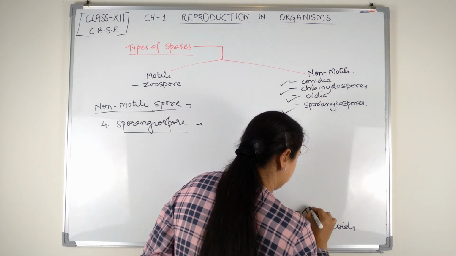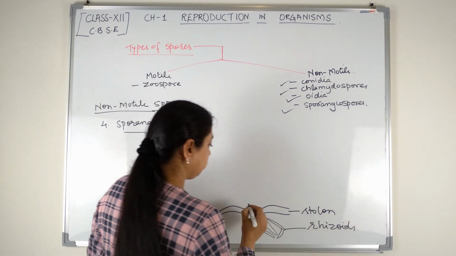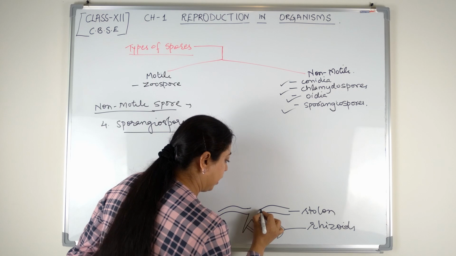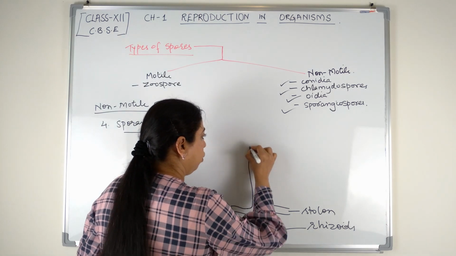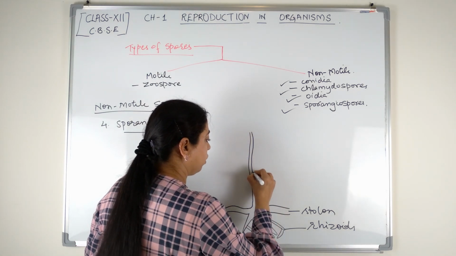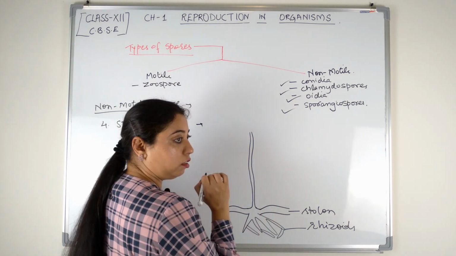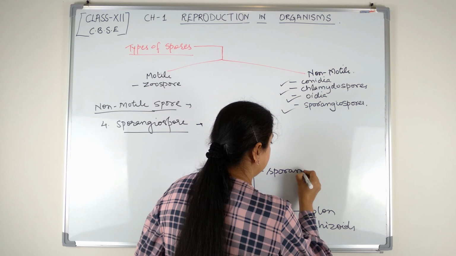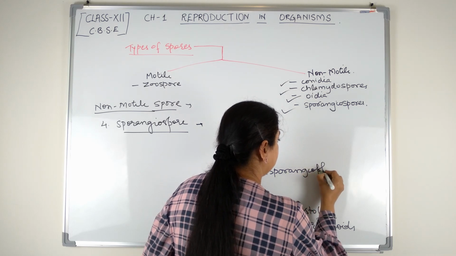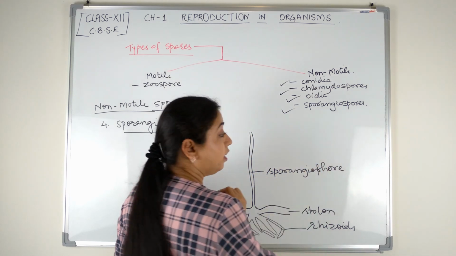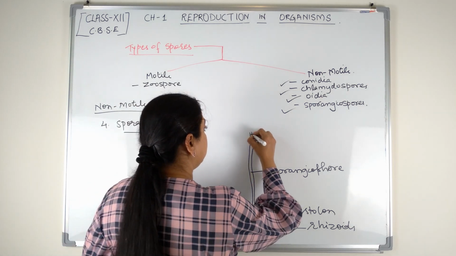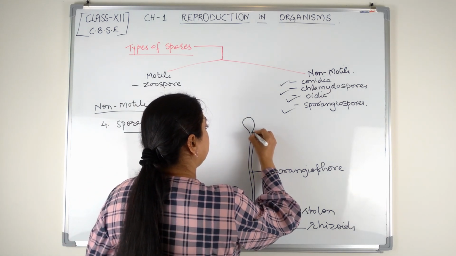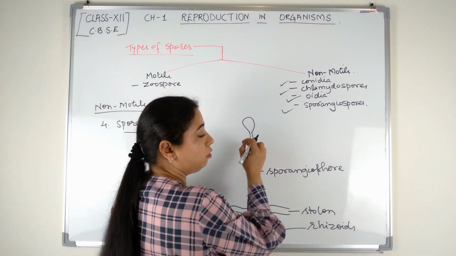This one is stolon. Then from the stolon arises a long, erect, stalk-like structure. This is another hyphae, the vertical hyphae, which is known as sporangiophore. Now, the sporangiophore gives rise to a somewhat rounded structure.